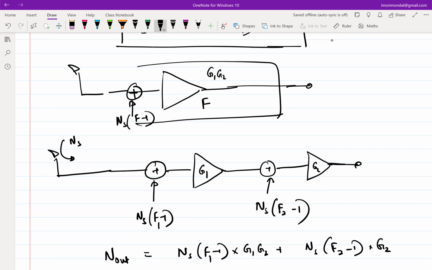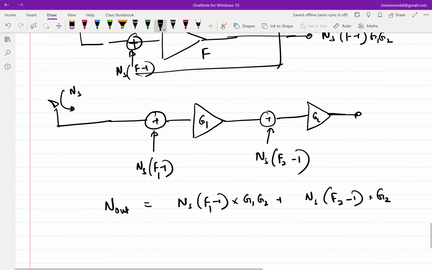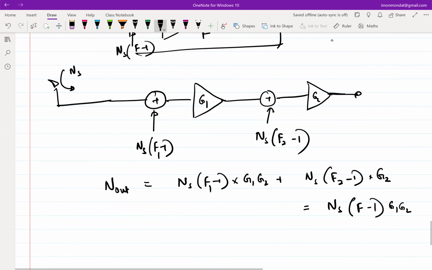What should I get at the output? You get NS times F minus 1 times G1 times G2. So this should be equal. From there, I can find F, right?